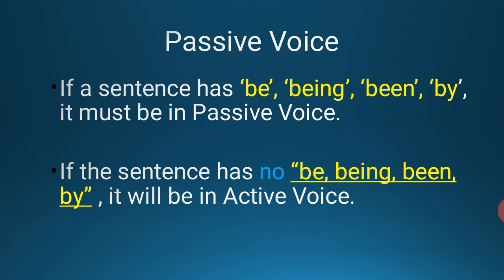You can see the slide clearly. If the sentence has be, being, been, by, it will be a passive voice. If you see those words in a sentence, you can easily tell it is passive voice.